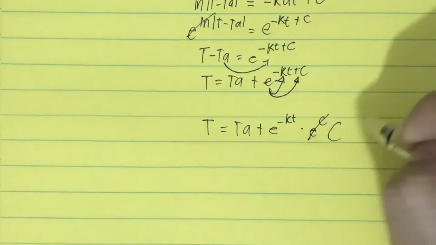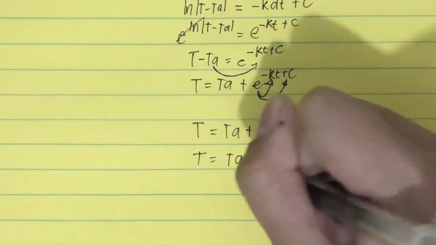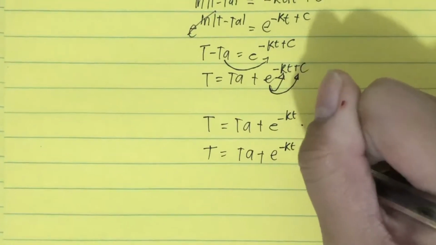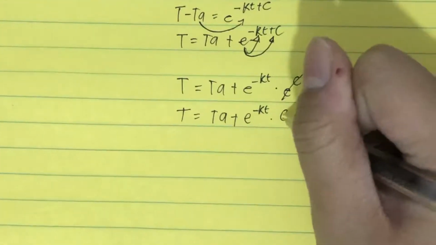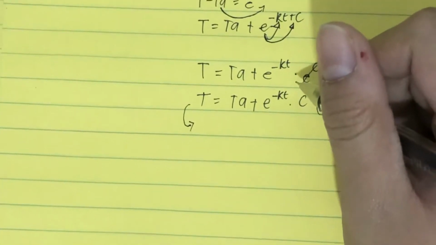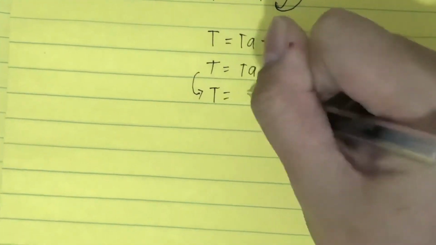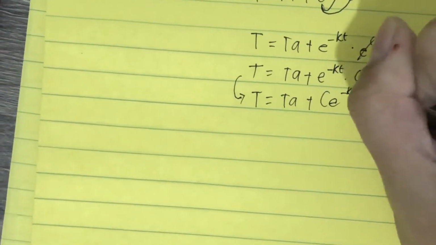This is equal to c, so we will be left with T equals Ta plus e raised to negative kt times c, which is equal to the solution that my friend has gathered, which is T equals Ta plus c times e raised to negative kt.